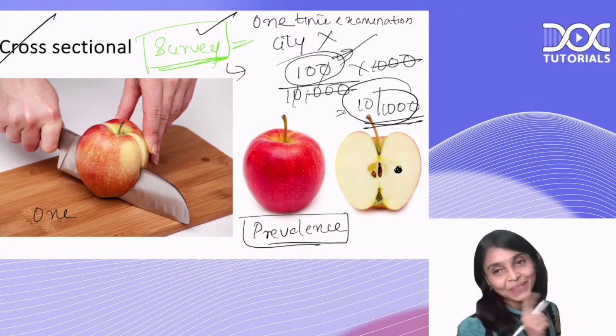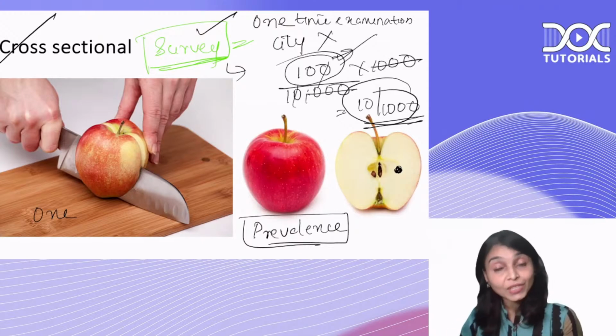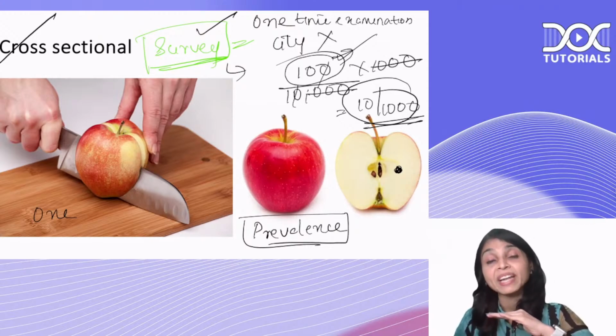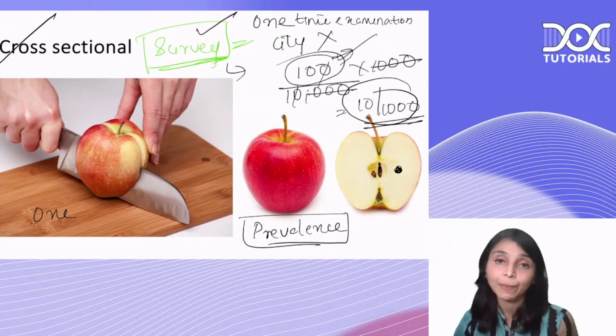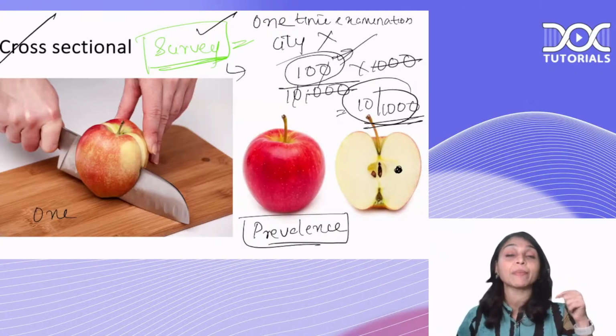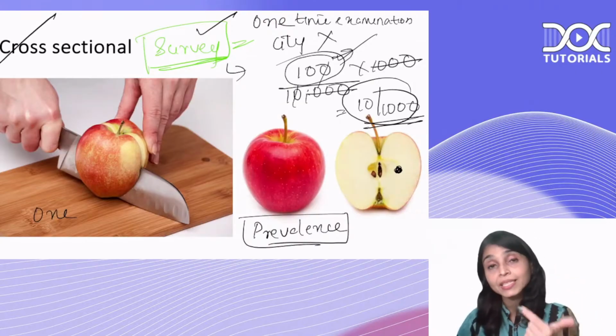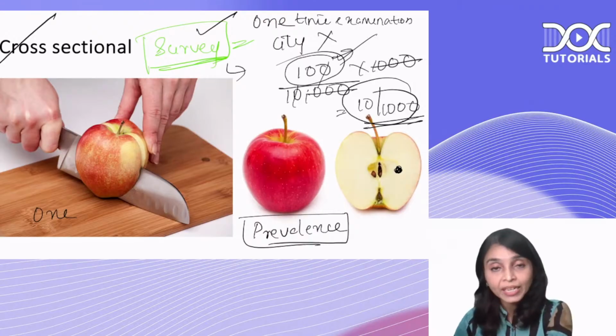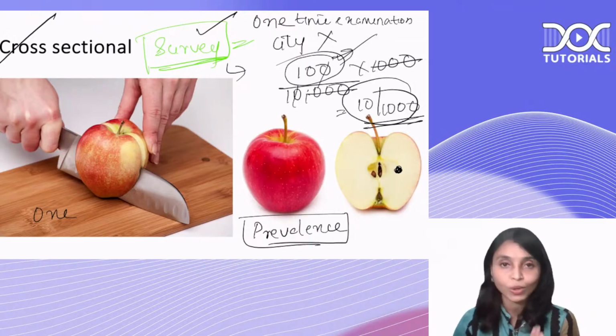So the advantage of a cross-sectional study is you can explain everything about that disease at that point, but you can never say what was happening till yesterday or what is going to happen tomorrow unless you take one more cross-section.